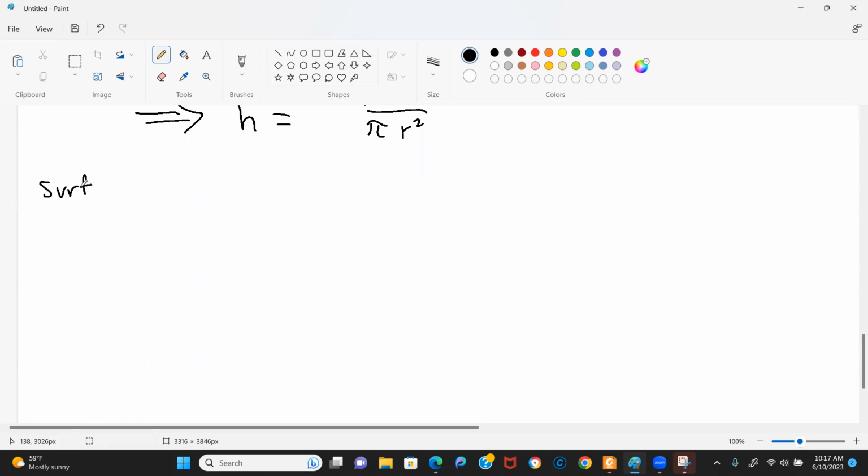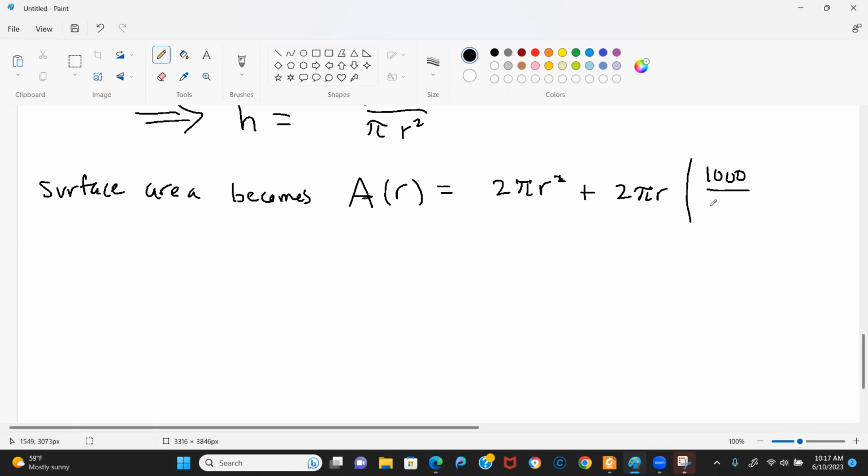So the surface area becomes a function of r, and it's just 2 pi r squared plus 2 pi r times h, but h we just determined was 1,000 over pi r squared.